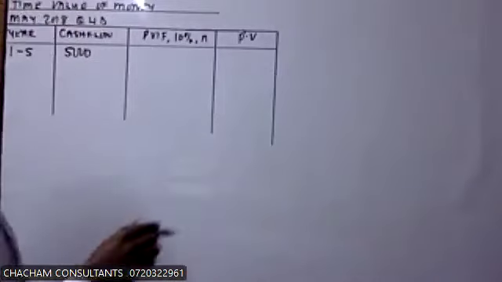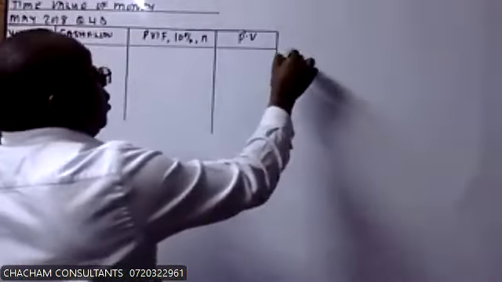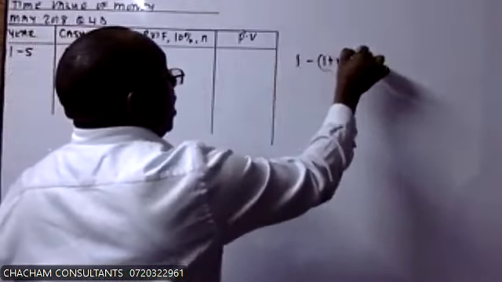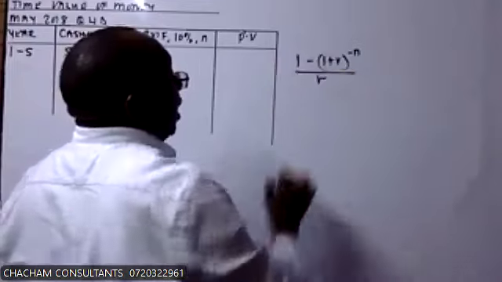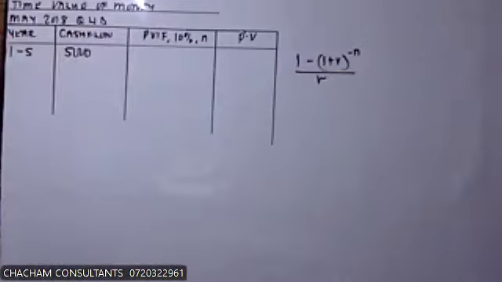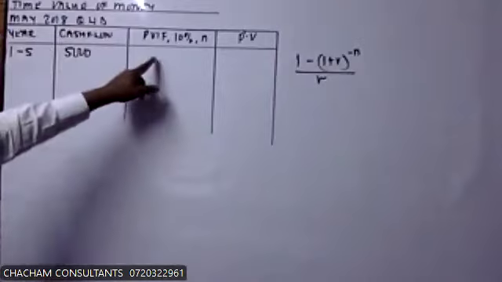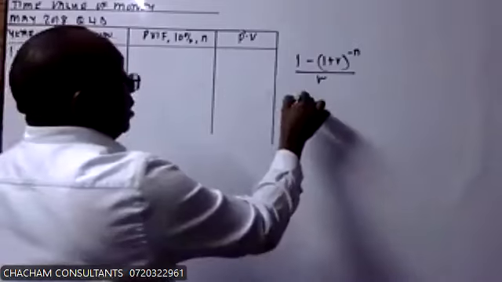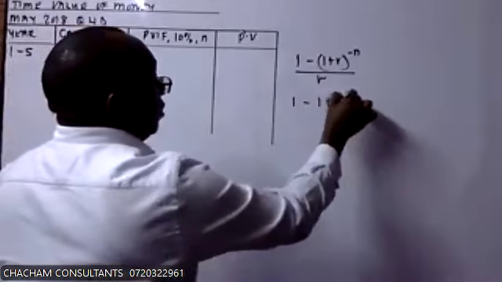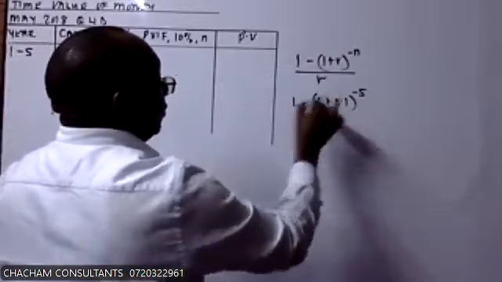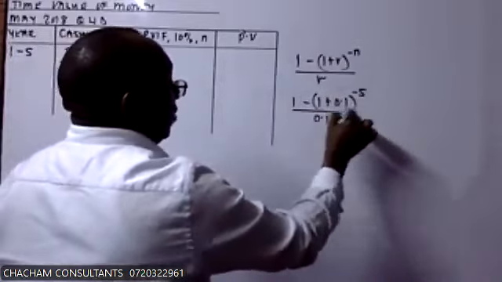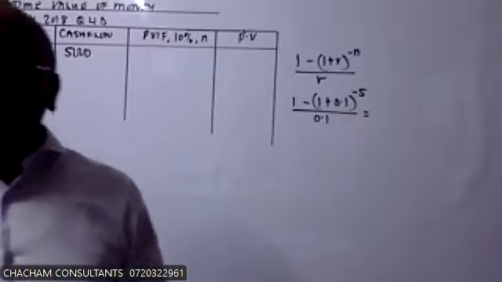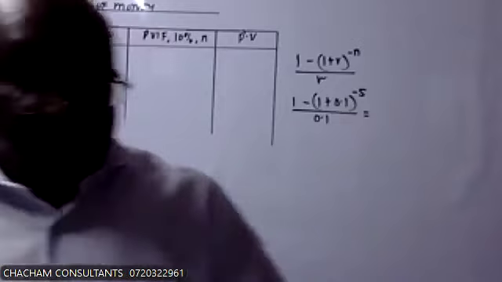If you're not going to the table, you use this formula: 1 minus 1 plus r raised to the power minus n, divided by r. It will be 1 minus 1 plus 0.1 raised to the power minus 5, divided by 0.1. So go to the tables, 10%, 5 years.